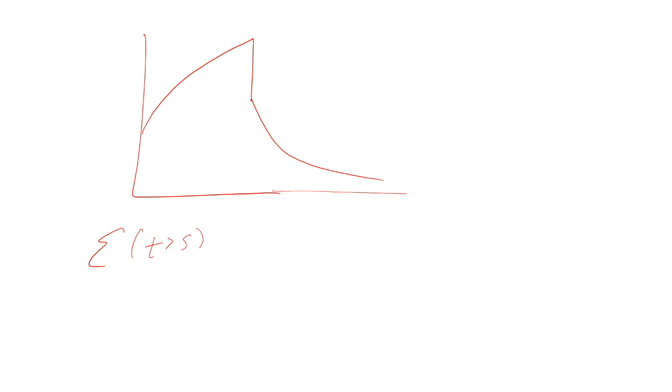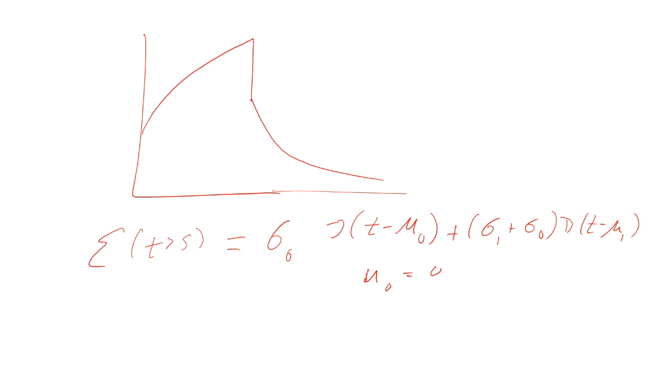So our strain, sigma naught, where u naught is 0 and u1 equals 5 hours.